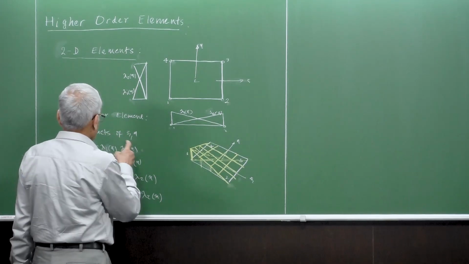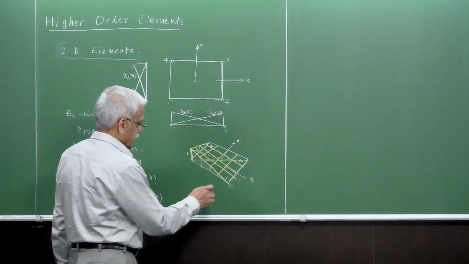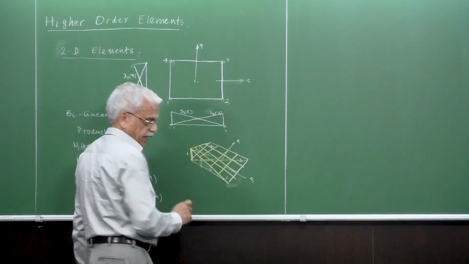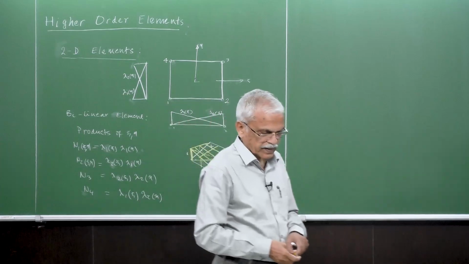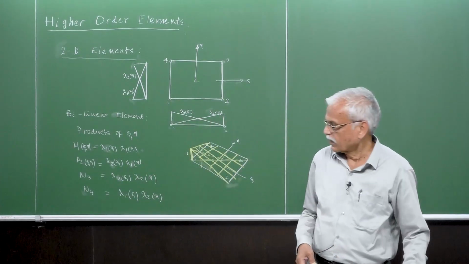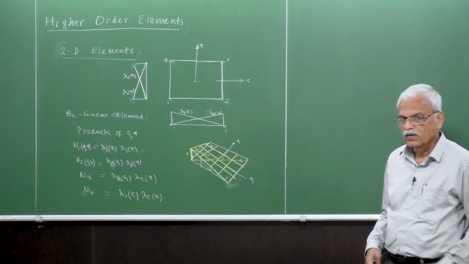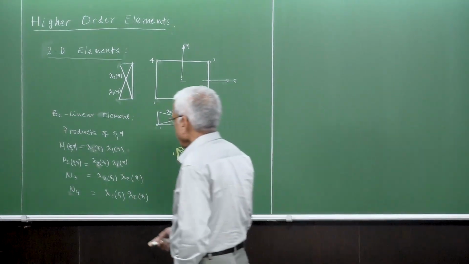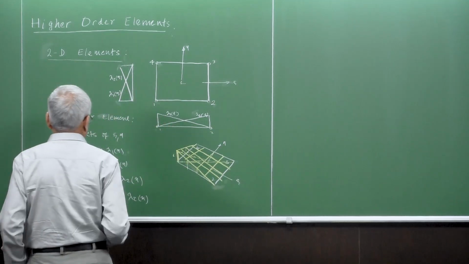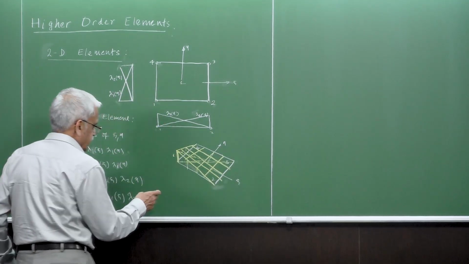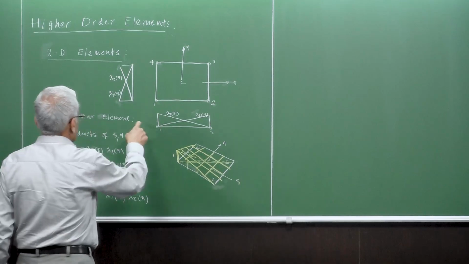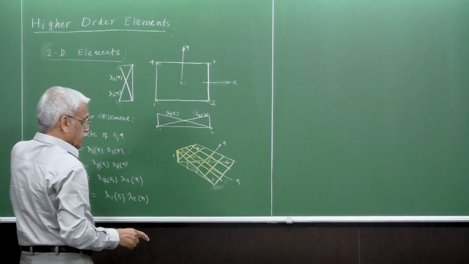That's why it's called bilinear. It is linear in x and y directions and maybe quadratic in other arbitrary directions. So this is how we develop a four node element. And then of course the xi and all that, they'll have the same thing. This is in terms of xi and eta from -1 to +1.